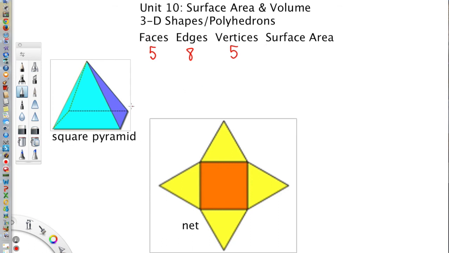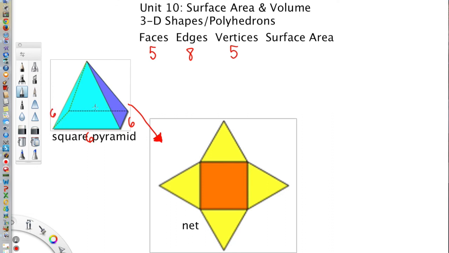Now, to find the surface area, we need to flatten this pyramid out. We need to unpeel it, unfold the skin, all of the faces off of it, and you can use the square base as the center of the flower, and then you're peeling back all the petals. The dimensions for this square pyramid: we know that the square base is going to be 6 by 6.